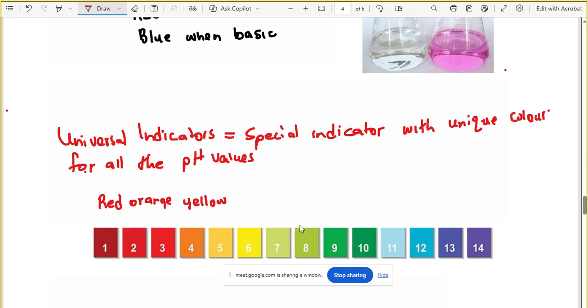Can you see all these colors that are before 7? They will be acidic. And then the green, they are neutral. So green for neutral. And then the last ones are blue and purple. So blue and purple, we say they are basic.